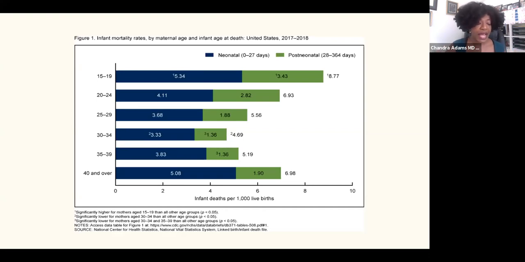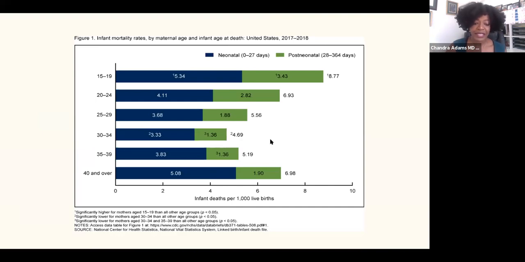At 35 to 39, you start to see a higher incidence of the genetic issues that lead to neonatal death. And then 40 plus, we have the combination of pregnancy complications that cause preterm delivery due to mom's health history and the genetic conditions due to mom's age. So we see the stratification of the reasons that babies don't make it by the age of the mother.